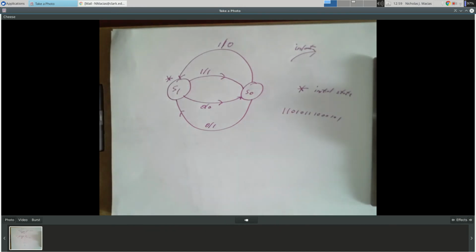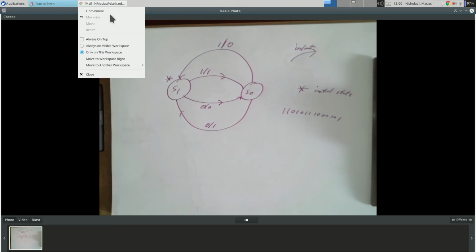Alright, so if you're in state one, then where... you have one and then send your output.